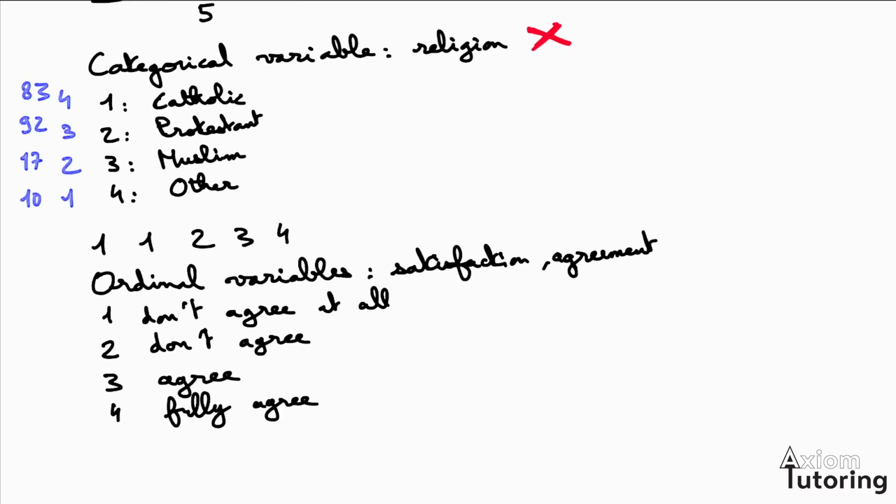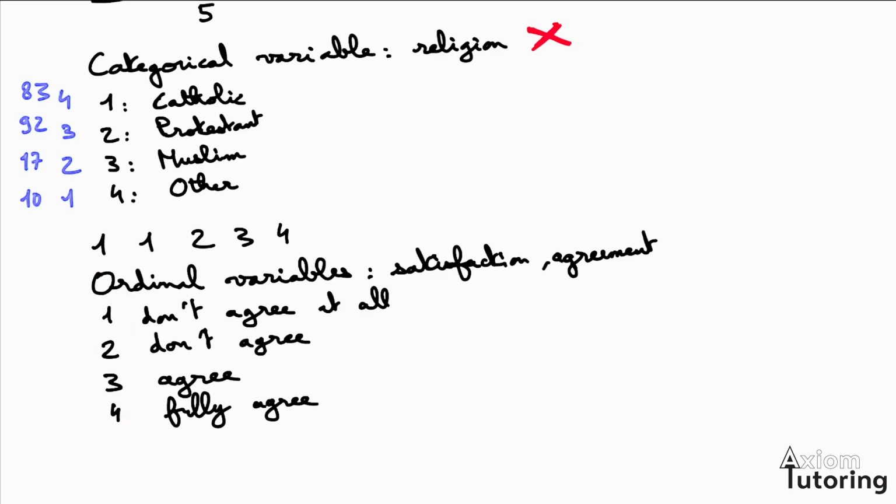Now here, you might be tempted to calculate the mean with that ordinal variable in the same fashion as what we did earlier. But there again, even though now the ordering does matter, the exact values are arbitrary.